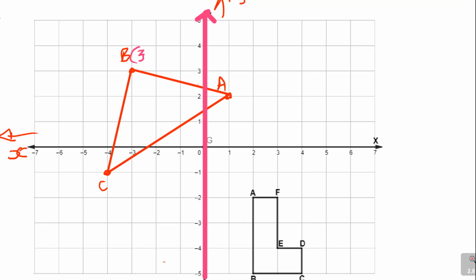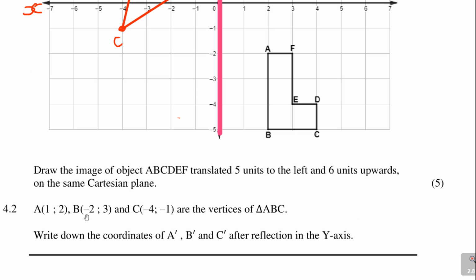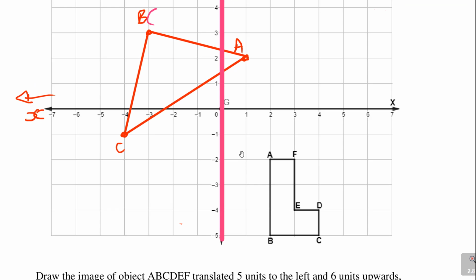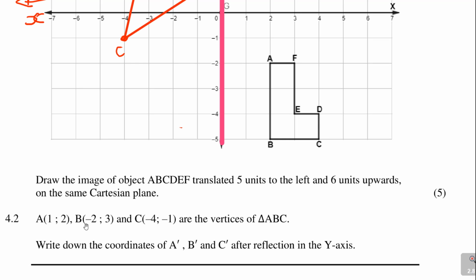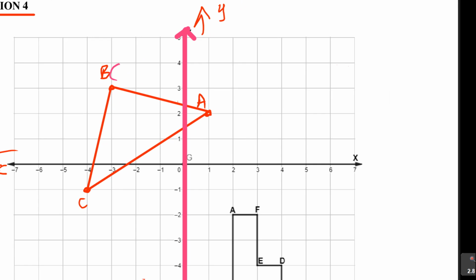Let me check B. What did they say? They said B was minus 2, 3. Did I do B well? B was minus 2, 3. So I think I made an error here. Let me check. Apologies for that.